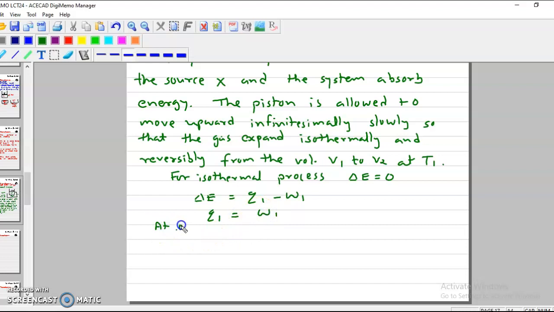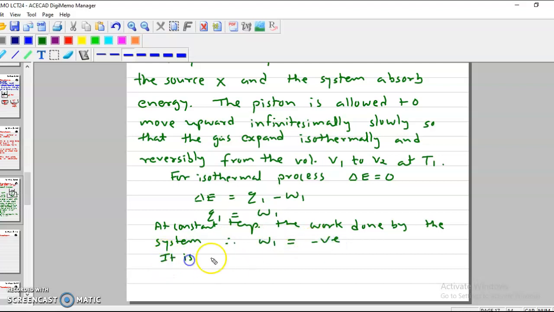At constant temperature, the work done, because gas is expanding, is work done by the system and therefore it is negative. So W1 will be negative.